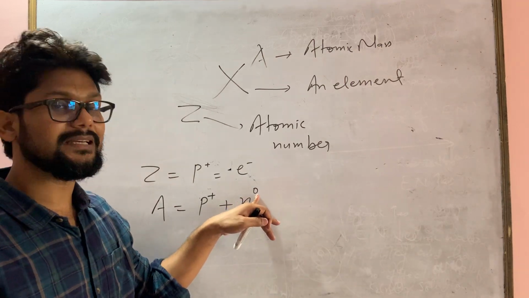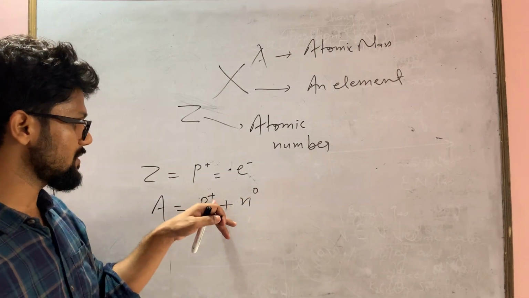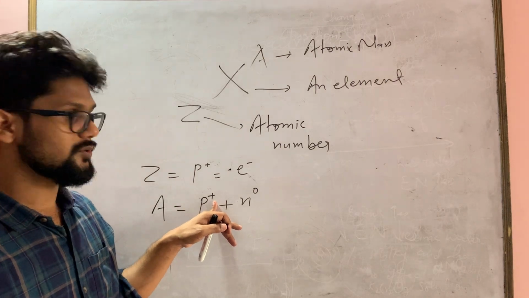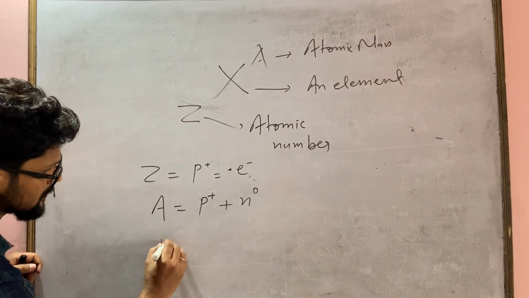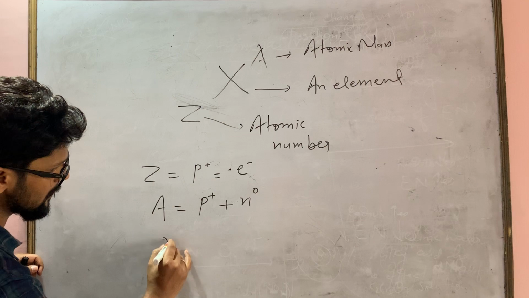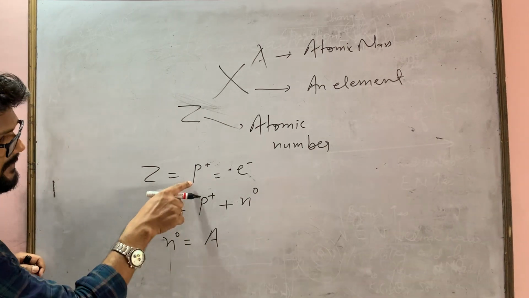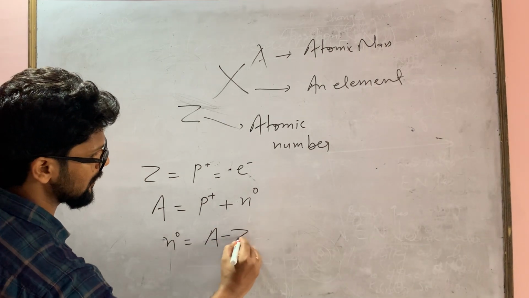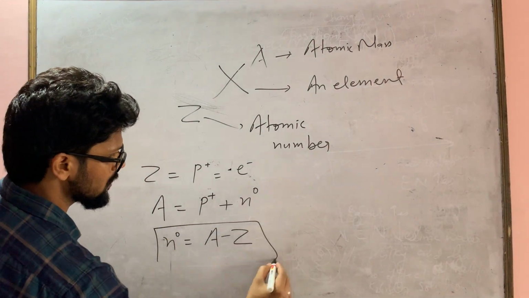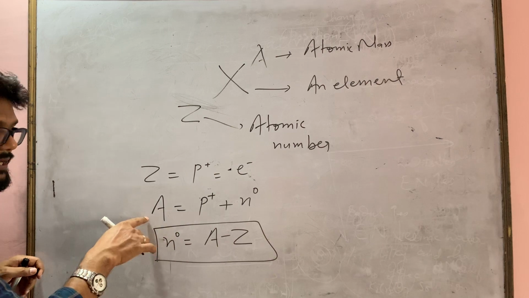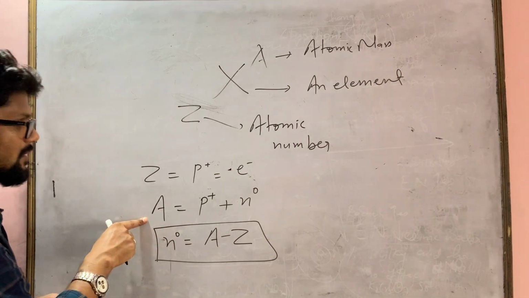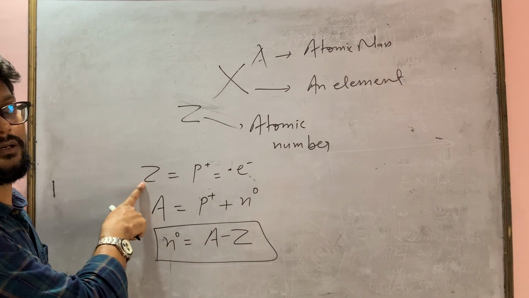Here 0 means it has no charge, plus means it has positive charge. You can also write neutron N is equal to A, and as we know P plus is equal to Z, so you can write A minus Z. So from here you can calculate neutron, atomic mass, and this is atomic number.